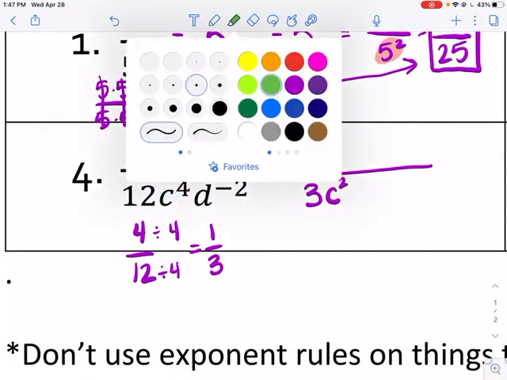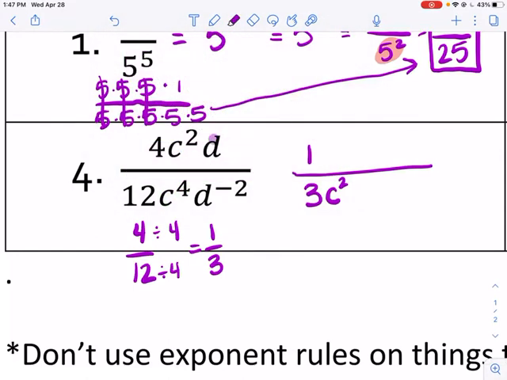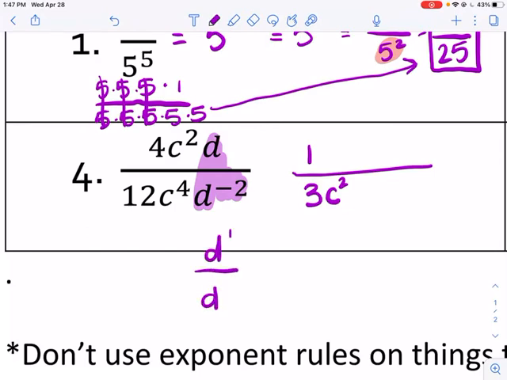Now let's look at the d's. So this one's a little weird because we have a negative on the bottom. I'm just going to divide these fractions. It's d to the first over d to the -2nd.